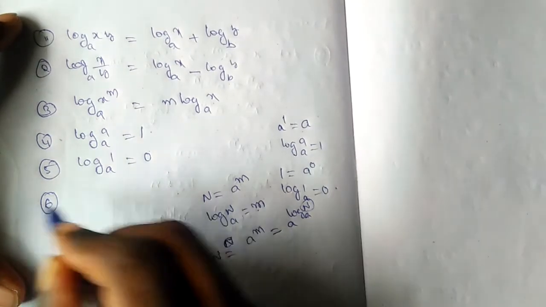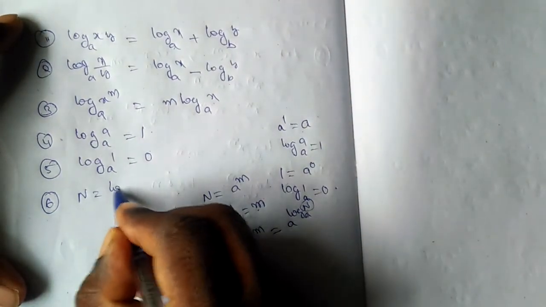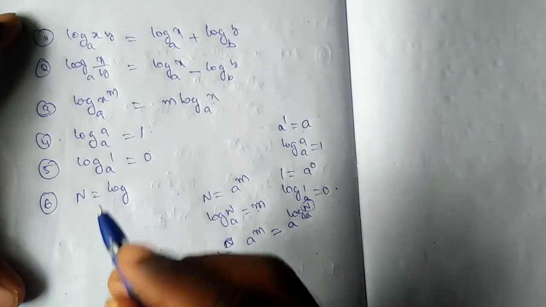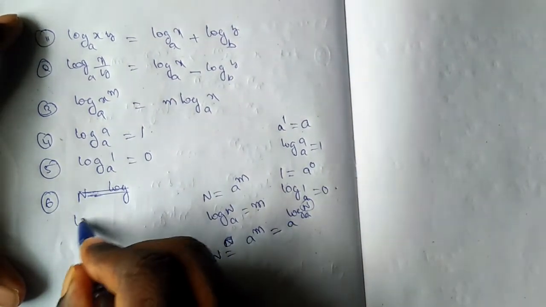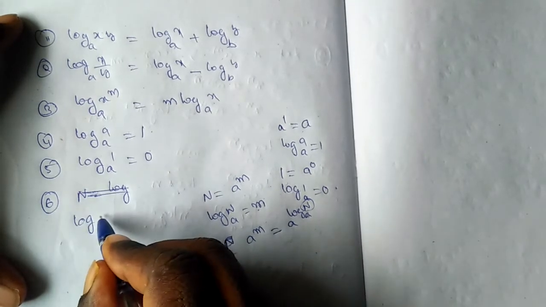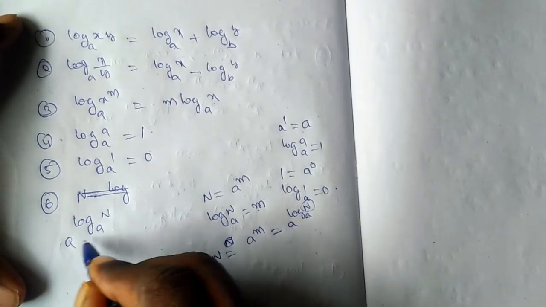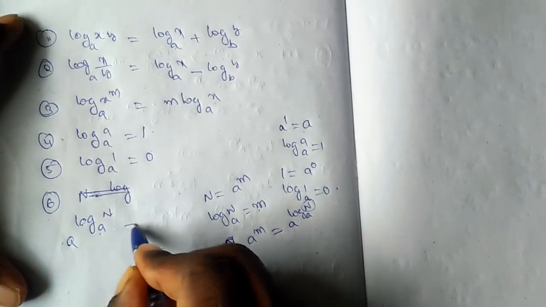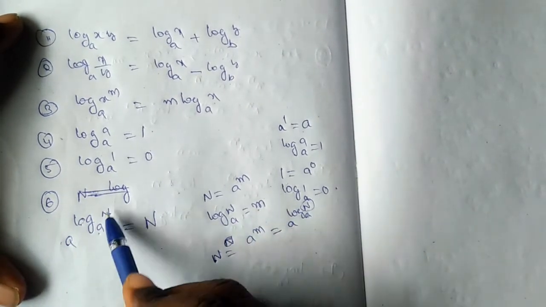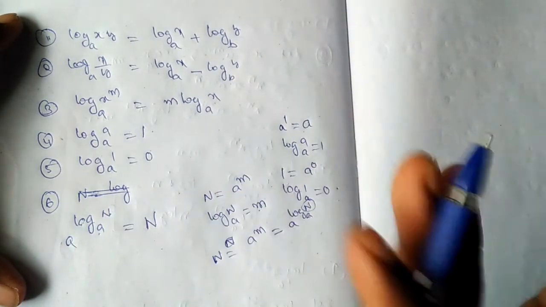So the sixth one: a to the power of log N base a is equal to capital N. Whatever number you have there, you write directly.